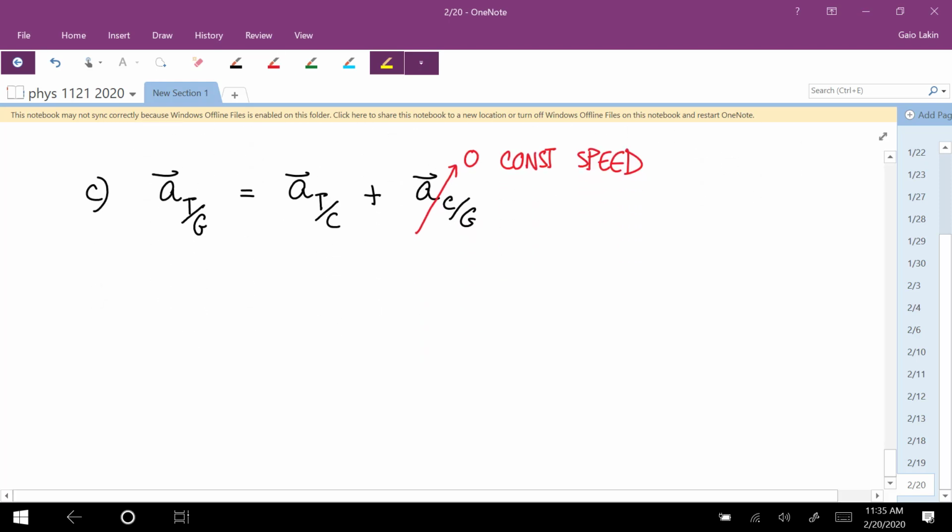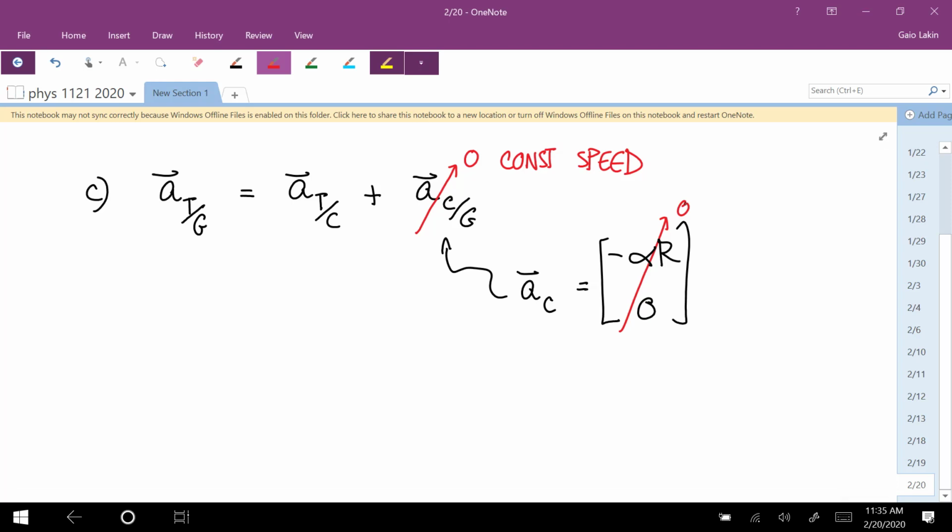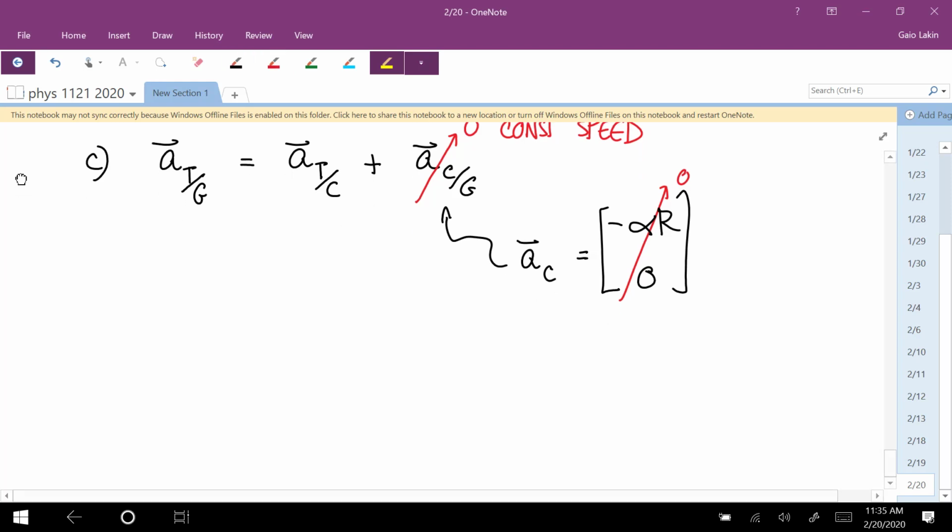You could also use the rolling without slipping equation that says the acceleration of the center is equal to negative alpha r. Well, alpha is 0, so this goes away. In this problem, if there was an alpha, then the acceleration of the center would be something. So now we just have to calculate the acceleration of the top relative to the center.